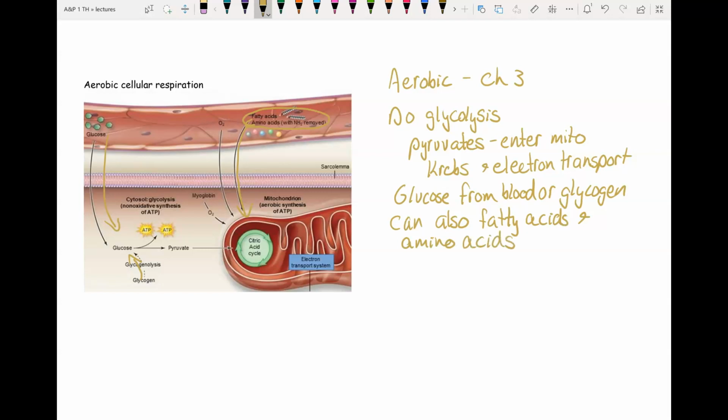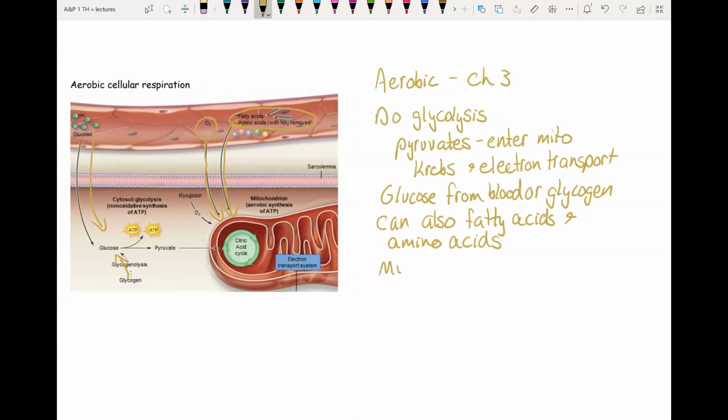And aerobic, the name literally means oxygen. So you also need oxygen going to the mitochondria. So as you can see here, you can take oxygen from the blood, or you can use your stores.